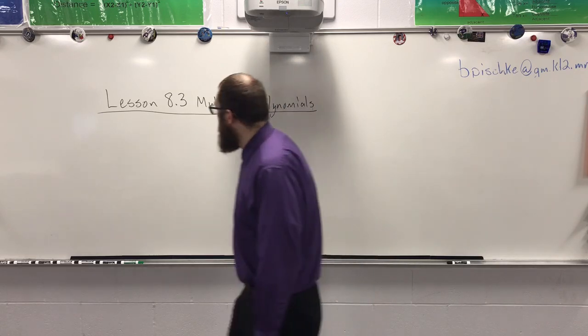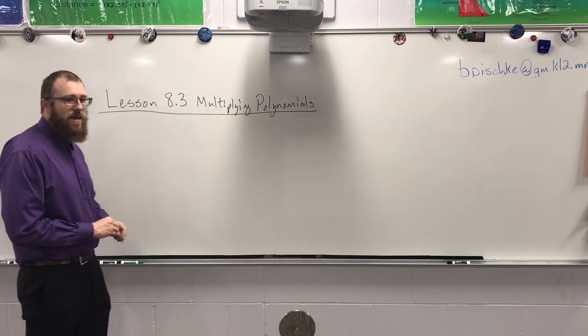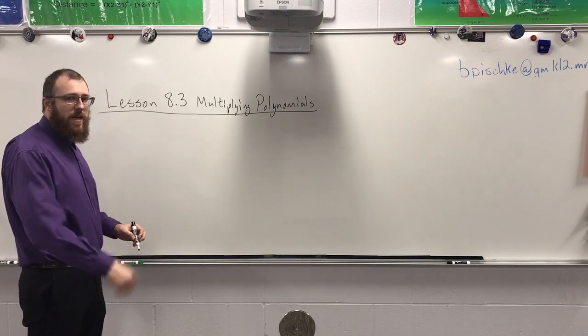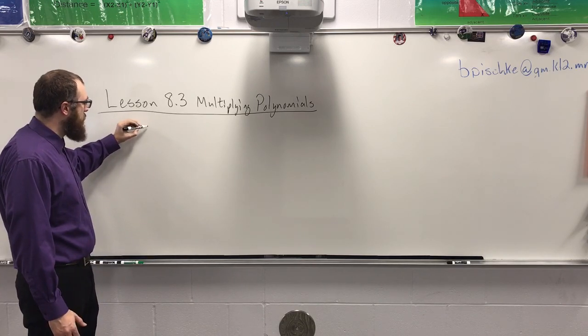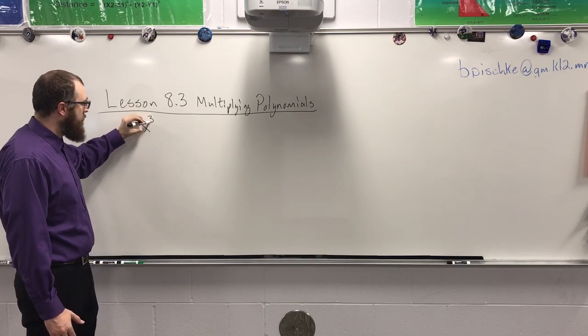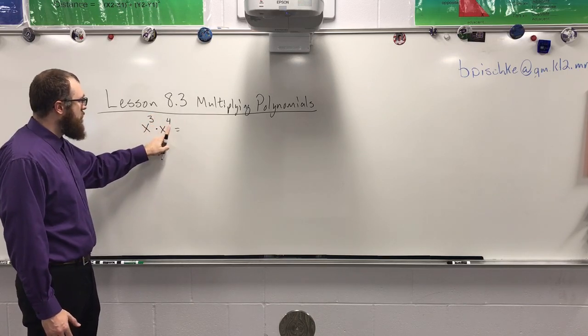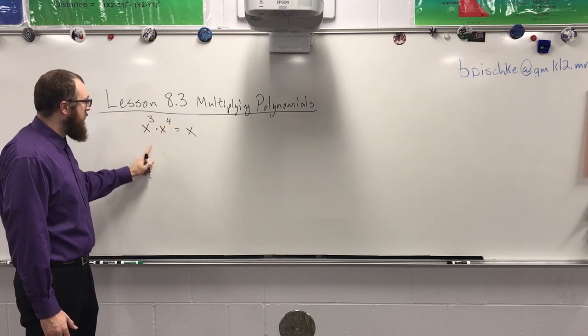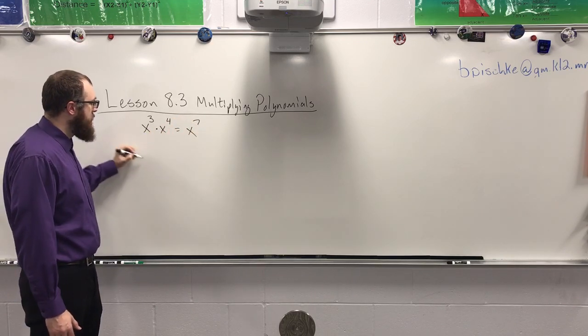All right, so just to recap really quickly what we did last time, because that's going to tie us into this time. Remember when we do monomial times monomial, like x to the third times x to the fourth, we add the powers, that would become x to the 7th, 3 plus 4 is 7.